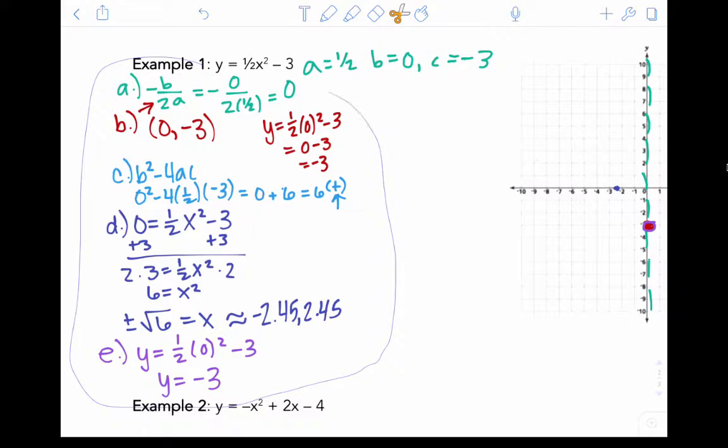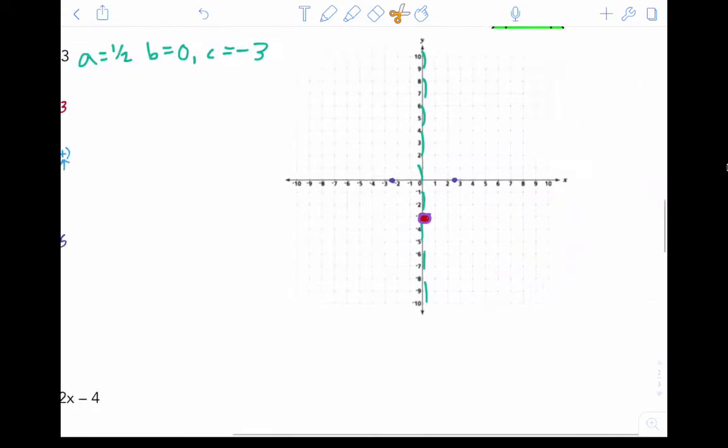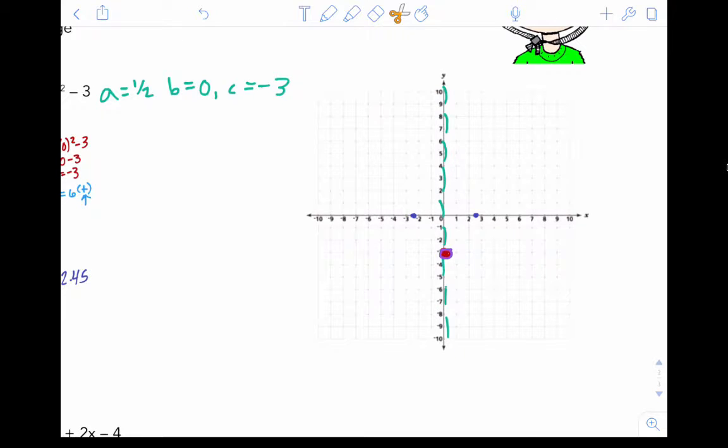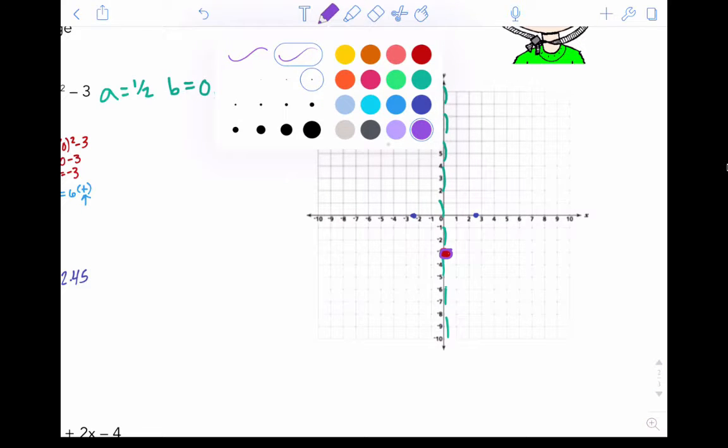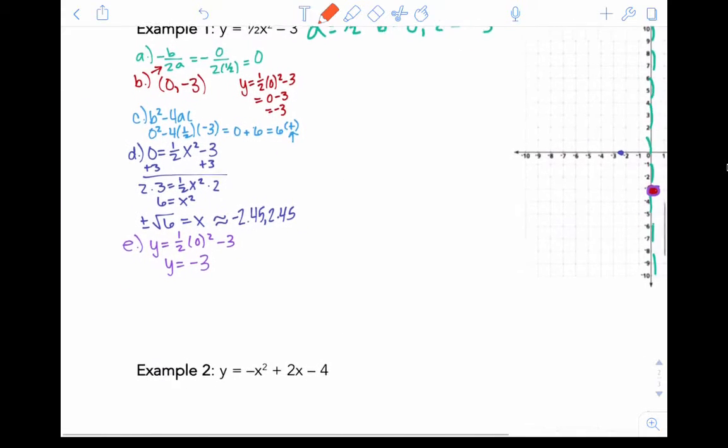I have just a few more things left. I have a pretty good picture of what this looks like, but I need to figure out a few more points. I can't quite graph this because I don't know exactly what the curve is going to look like. So I'm going to go ahead and figure out what point is when x equals 1.